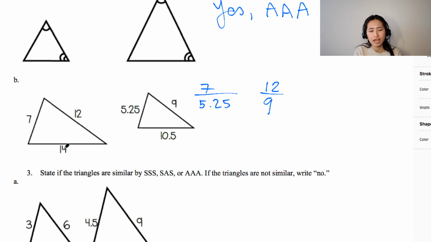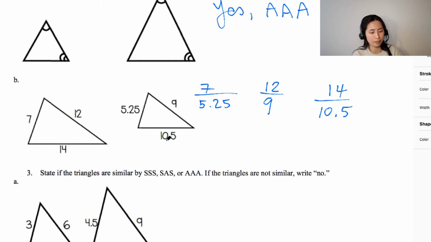Does that make sense? And then if you're using 14, then this has to be 14 over 10.5. You can't have these two and then say the last ratio would be 10.5 out of 14. Well, that's wrong, unless you actually start with 5.25 over 7, and then you have 9 divided by 12, and then you have 10.5 divided by 14.